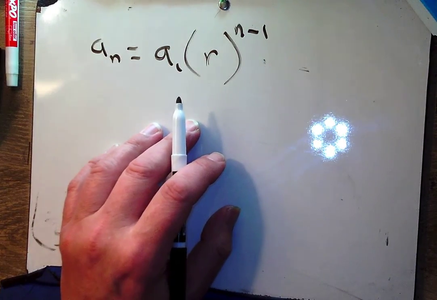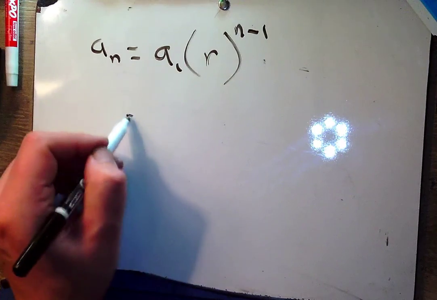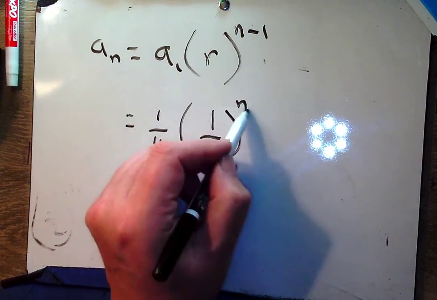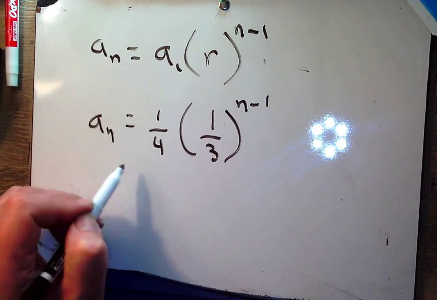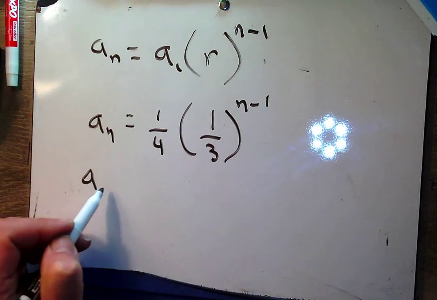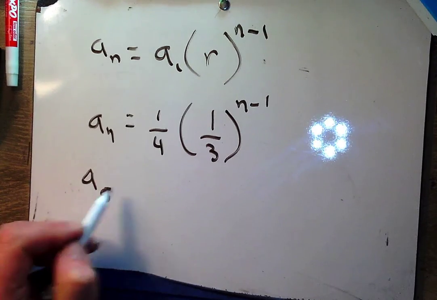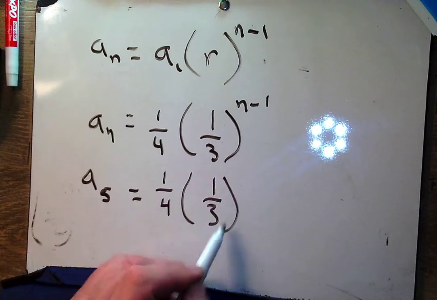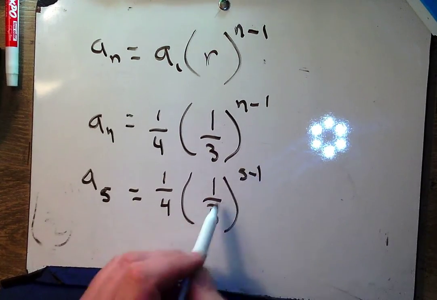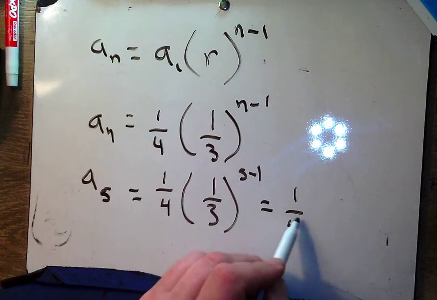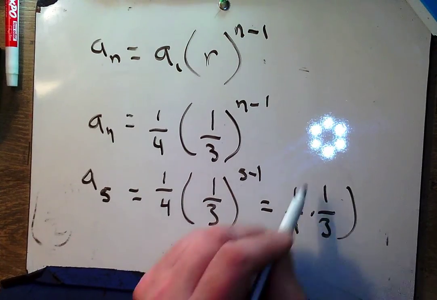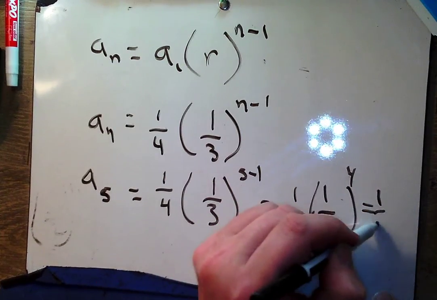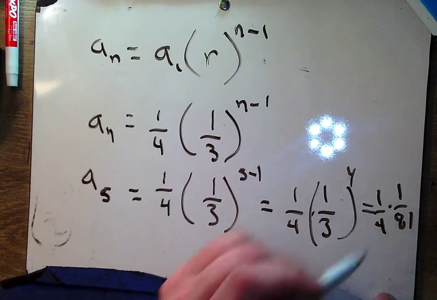Okay, and what do they give us here? Given that a sub 1 is 1/4, given that r is 1/3, so there's our a sub n. And now they will tell us, hey, can we find a sub 5? So it's going to be 1/4 times 1/3 to the 5 minus 1. 5 minus 1 is 4, so this is 1/4 times 1/3 to the 4th. 1/3 to the 4th is going to be 1 over 81.